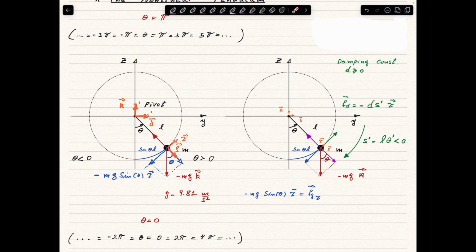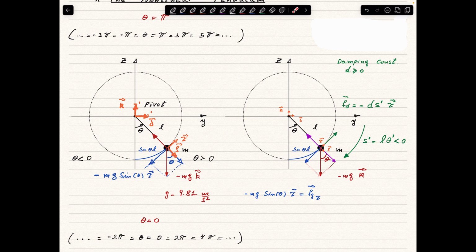So if I draw the force in this direction, that means I am assuming that the velocity of the pendulum in this case is going in that direction. So the velocity is negative in this case, and because of that, the force has to be positive. So this velocity is negative, these negative signs cancel out, and then the force should be in the direction of the tangential vector, and that's why I draw it in that direction.